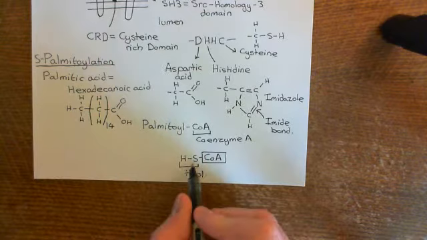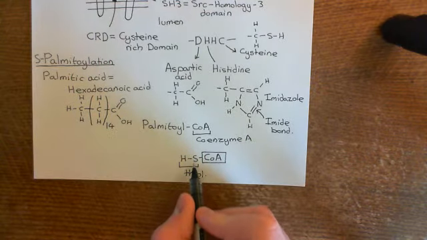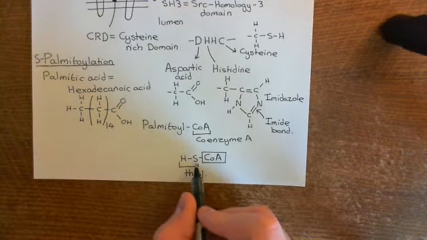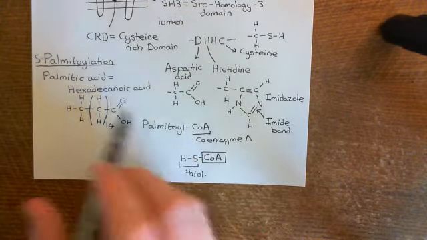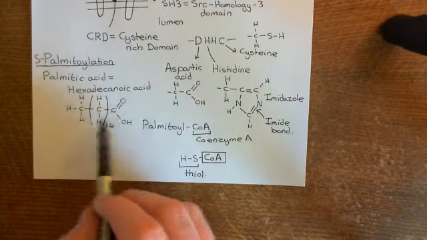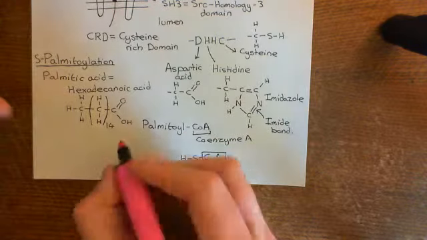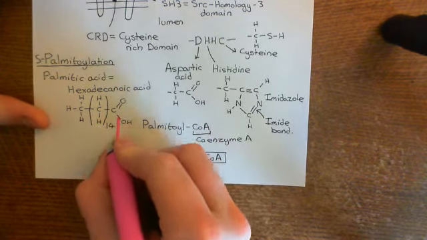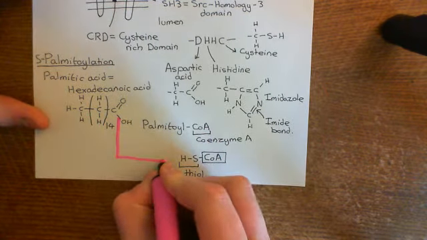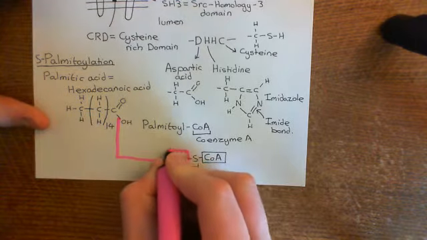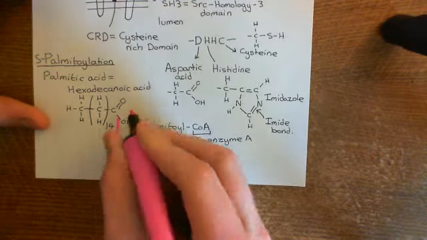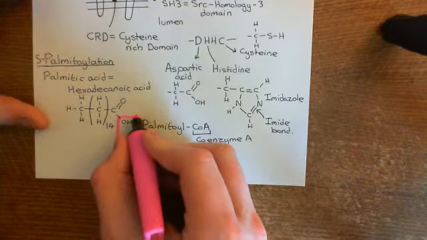So imagine for a moment that that sulfur is not a sulfur and that it's an oxygen instead, so this thiol group is no longer a thiol group but an alcohol group. Then we could react this alcohol group with the carboxylic acid group and form an ester link. Now what we do is we take the alcohol group off the carboxylic acid molecule, we take the hydrogen off the thiol group, off the alcohol group that we're pretending it is for the moment.